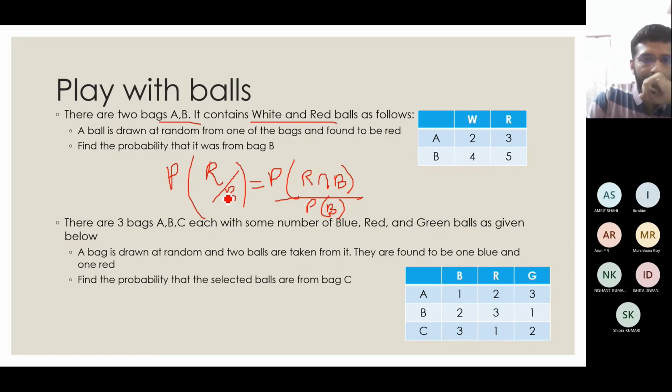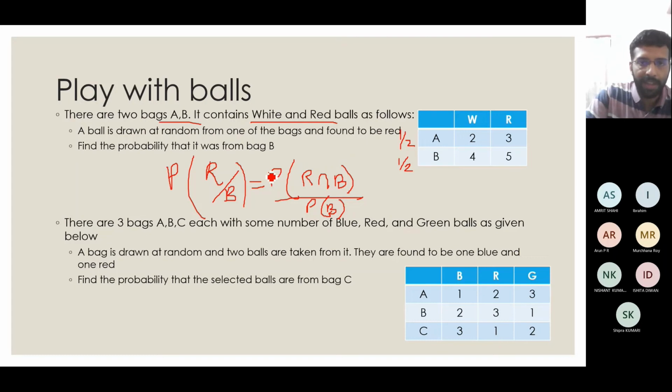This is an application of Bayes theorem or the conditional probability we saw earlier. I am asked to find the conditional probability of a red ball given that the bag is the second bag, B. There are multiple ways in which I can solve this problem. Since I have 2 bags, the probability that I choose any one bag is 1 by 2, right?